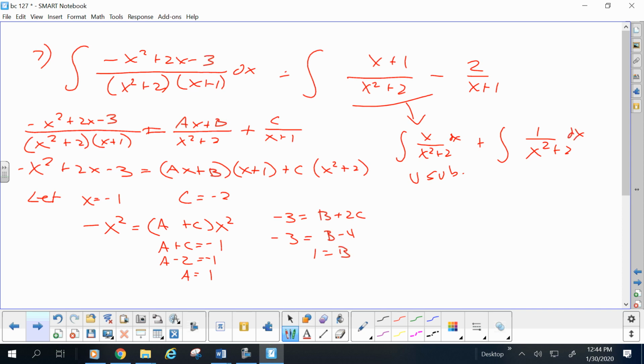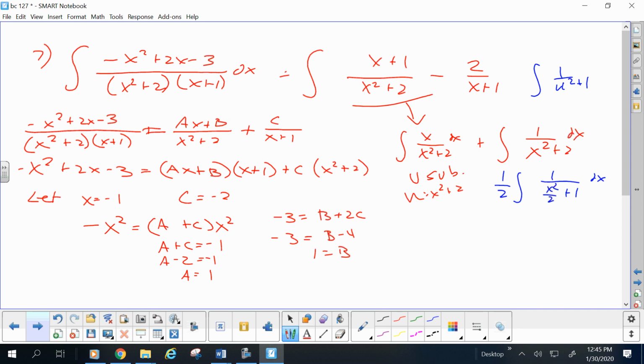If you let u equal x squared plus 2, you'll be rolling there. The other one, you have two choices. Trig sub or make arctangent. I think it's easier to make arctangent. So I factored out a half, so that it starts to look like 1 over u squared plus 1, which is arctangent.